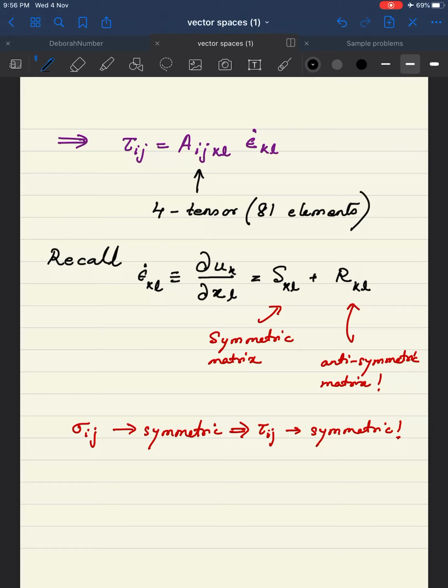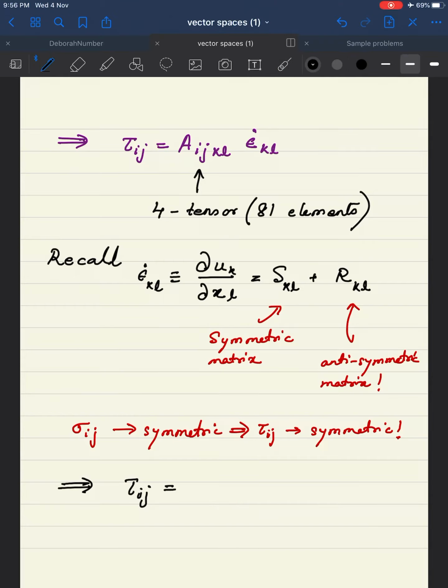So which implies that aijkl is such that when multiplied by this antisymmetric part it should be 0, so that you have symmetric matrices on both sides.